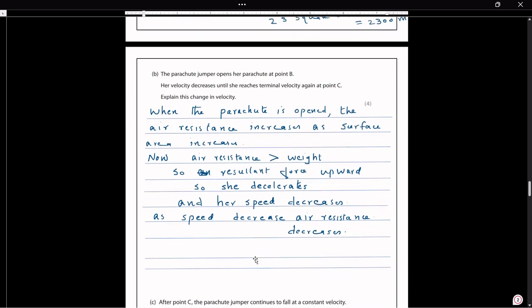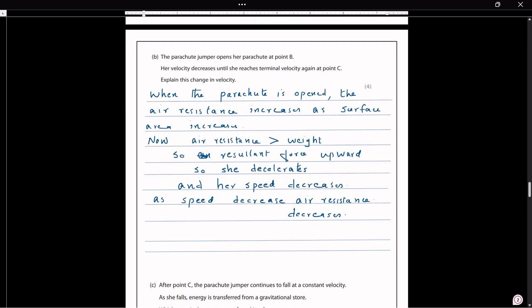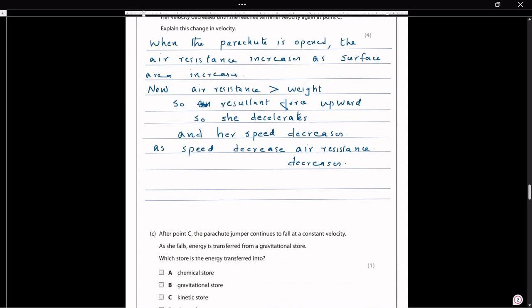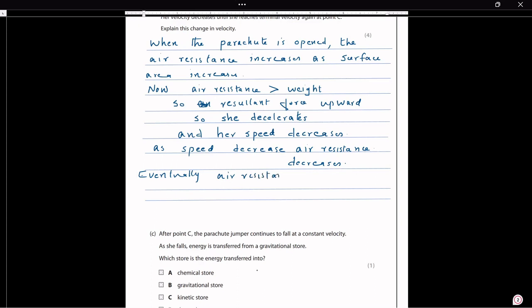Here speed decreases and air resistance decreases. And eventually the air resistance becomes equal to the weight.